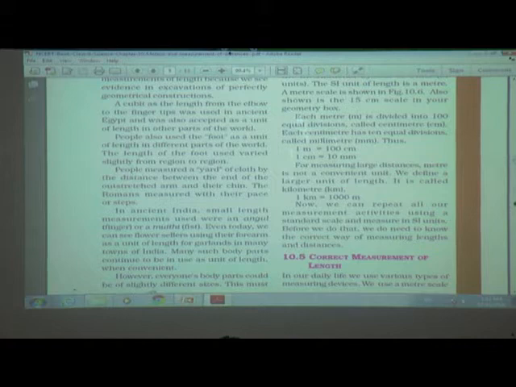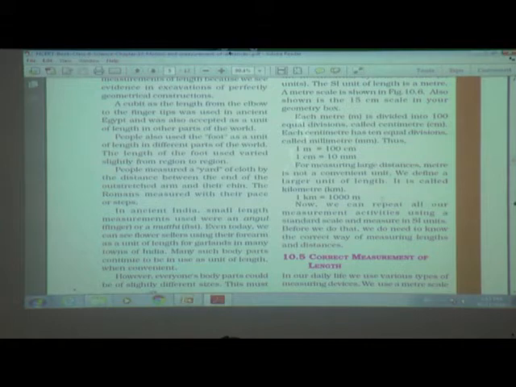For measuring large distances, meter is not a convenient unit. We define a larger unit of length, it is called kilometer. So for measuring larger distances we use kilometer. That means 1 kilometer is equal to 1000 meter.